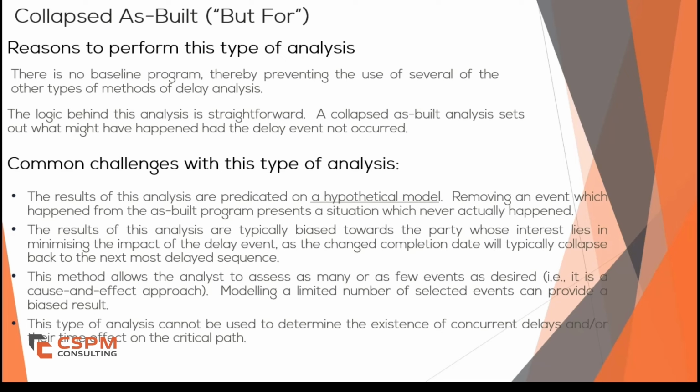This means that if two different delays occurred simultaneously, one caused by the contractor and one by the client, removing just one does not give a fair representation of what would have happened. Since concurrency is a major factor in delay claims and contract disputes, the inability of this method to evaluate concurrent delays is a serious limitation.